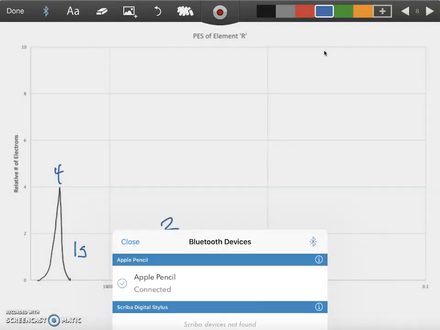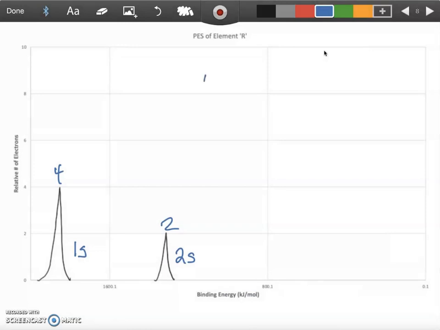So what we have to do is come over here and take a look at our ratio, a 4:2 ratio we have here, and find the least common multiple between these two peaks. And for 4:2, it is going to be 2. That means the ratio is actually 2:1. So this peak really is just 2, and this peak is really just 1.